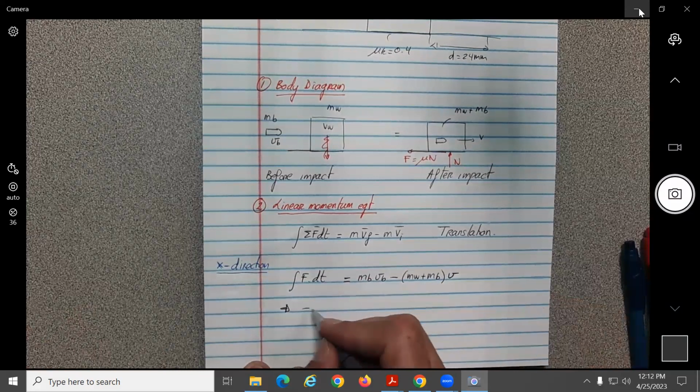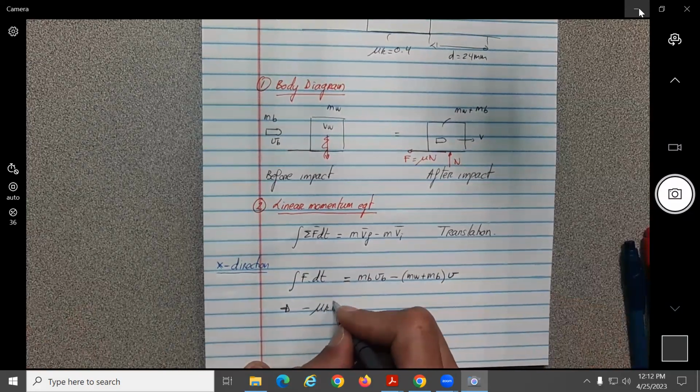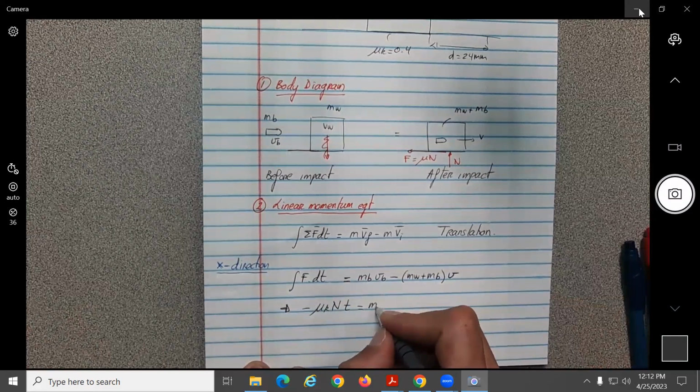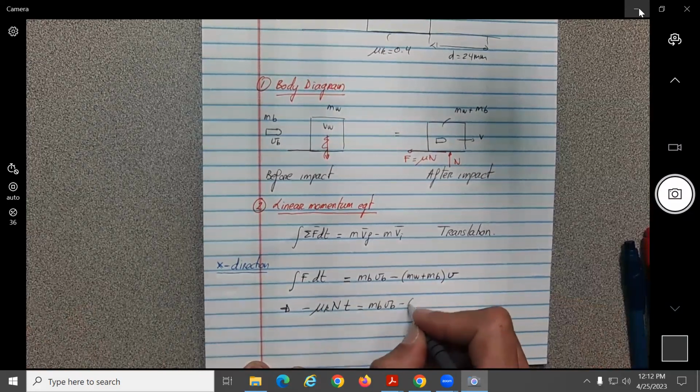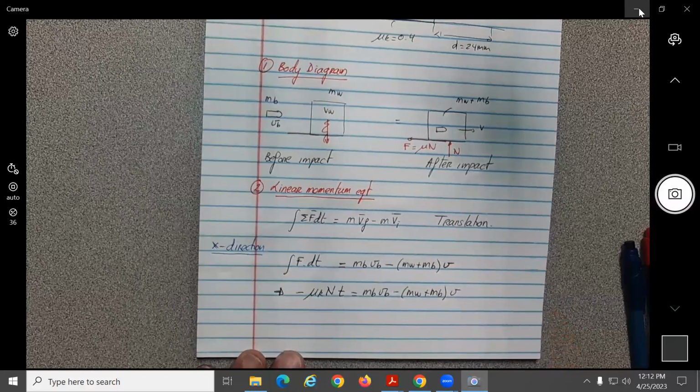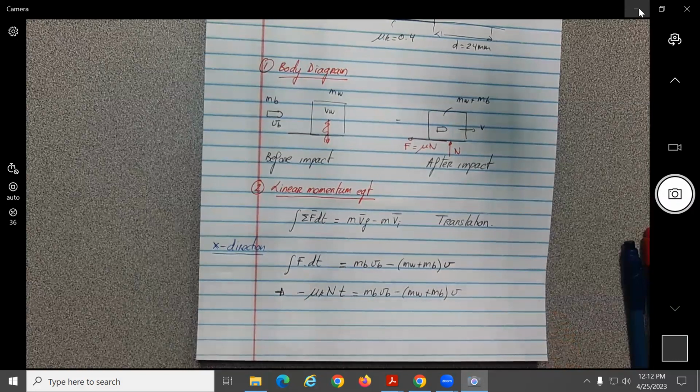It's going left, so it would be minus mu sub k N times t, equal to m_b v_b minus m_w, so mass wood plus mass bullet, times V. So they didn't give us any velocity in the problem.